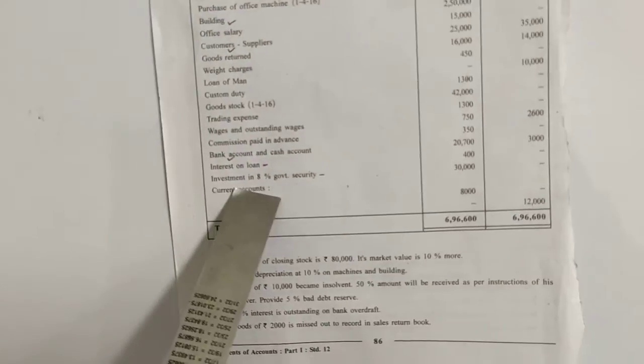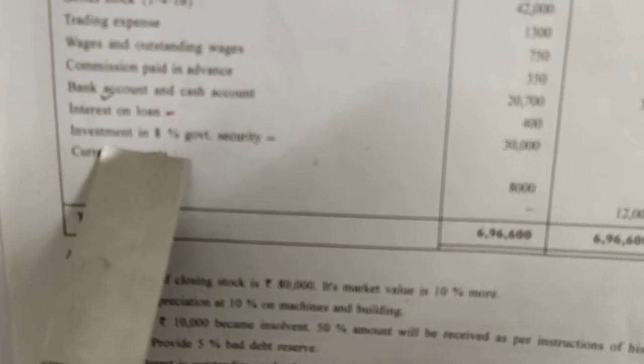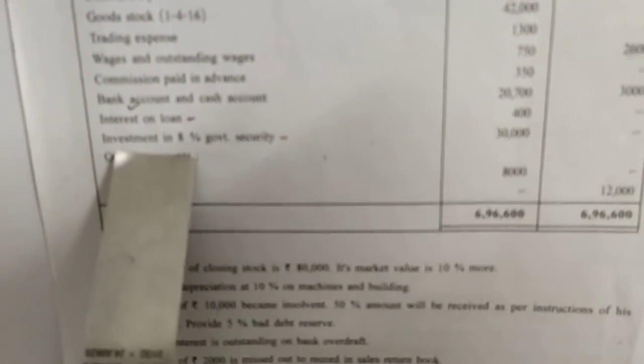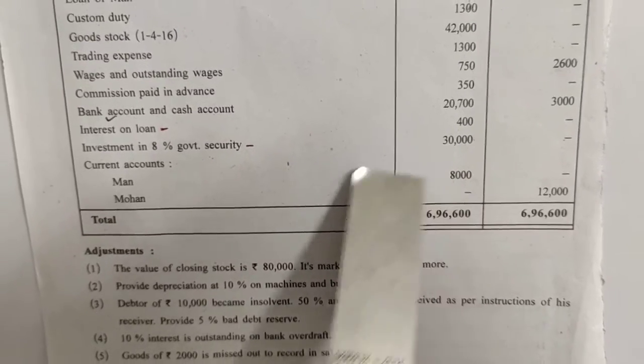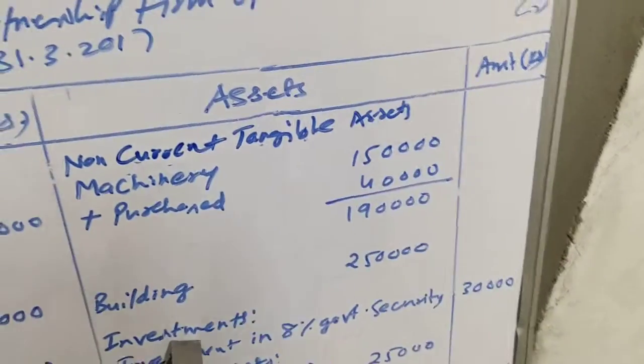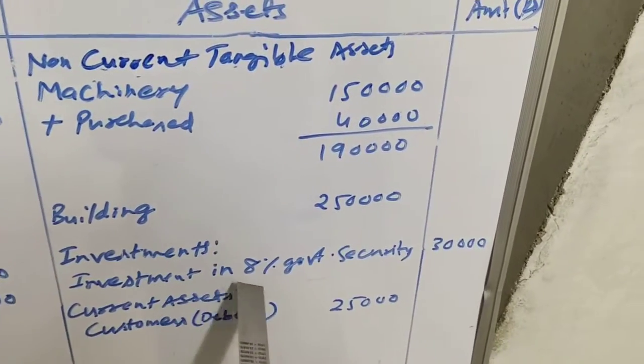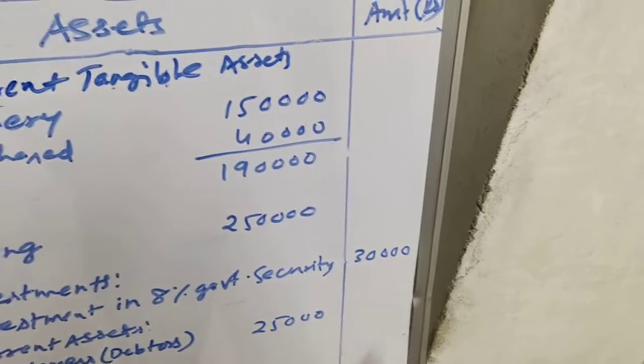Next, investment in 8% government securities 30,000. Asset side of balance sheet, investment in 8% government securities 30,000.